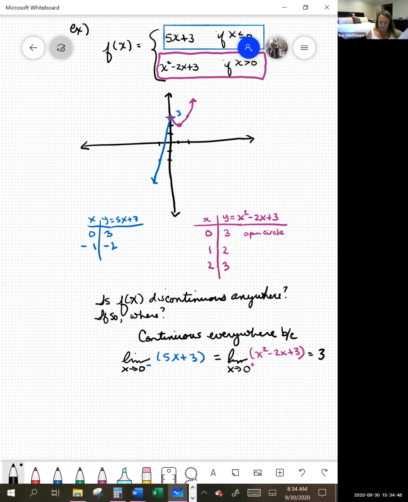Okay, so we also looked at piecewise functions before and trying to find the value of some variable to make the piecewise function continuous. It says the following: find the value of the constant k to make this function continuous. Again, we have a piecewise function, and they name it g of x.